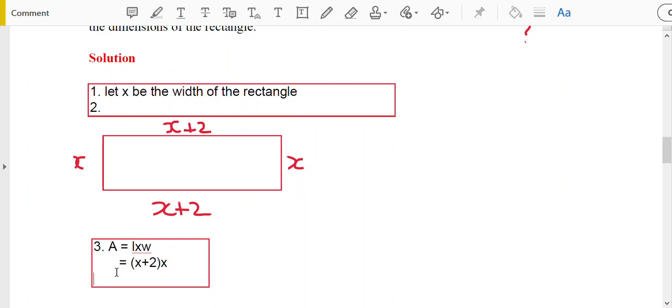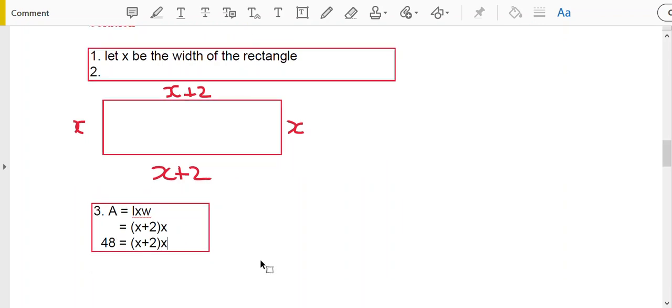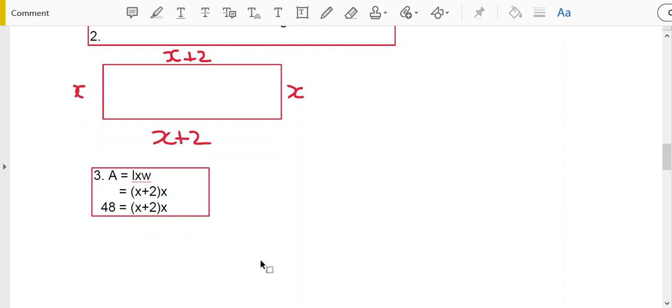We're also told that the area is 48. So instead of writing A for area, I'll write 48 equals x plus 2 all multiplied by x. That's step 3. So there's the equation. Step number 4 is solve that equation.